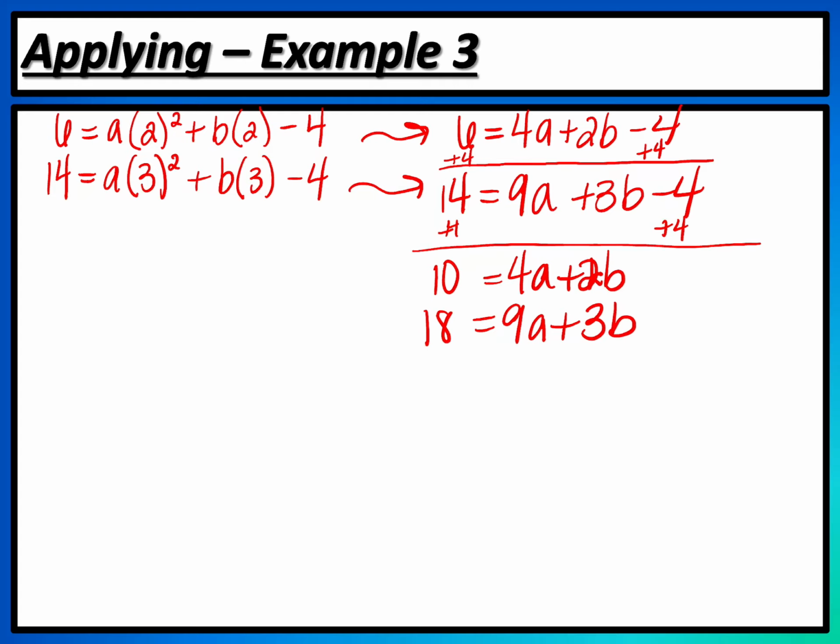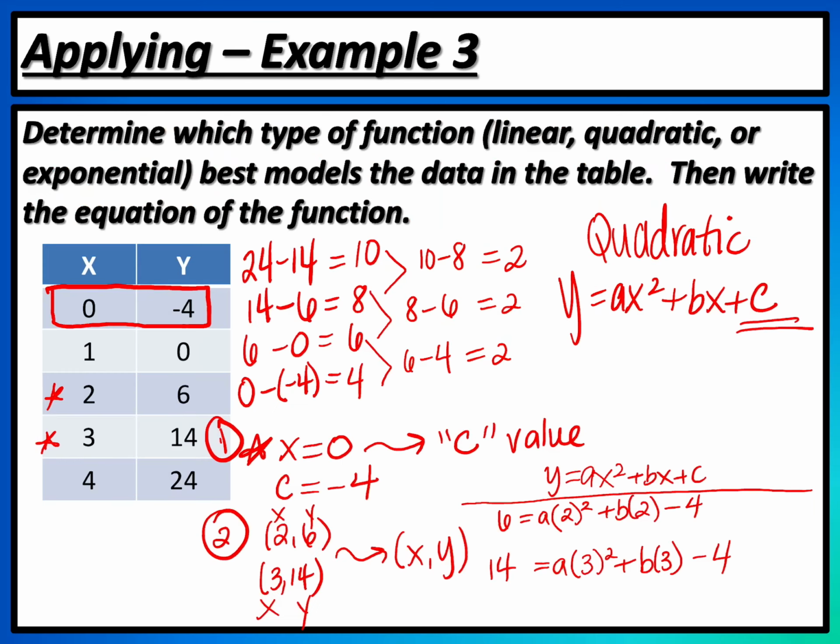Okay, so let's just pause for a minute and revisit how we got here. Okay, so we found our c value because that comes from the ordered pair matched with x equals 0. Okay, and that has to be given to you in the table. We then picked any 2 ordered pairs and we set them for x and y in a quadratic equation. We did that twice because they were 2 ordered pairs.